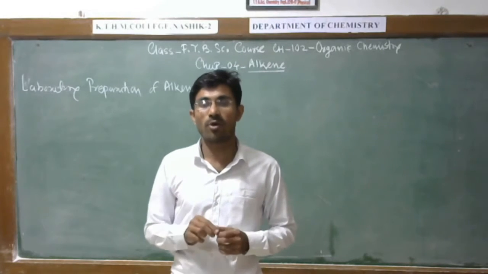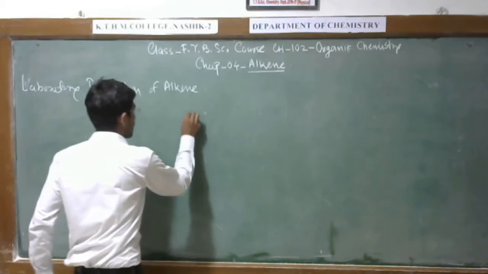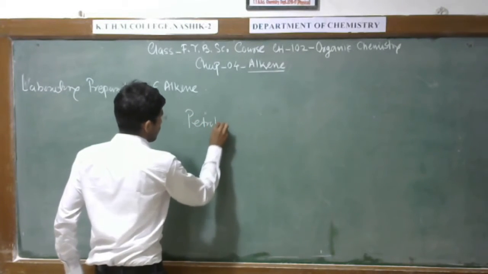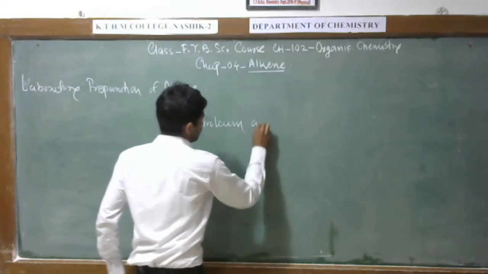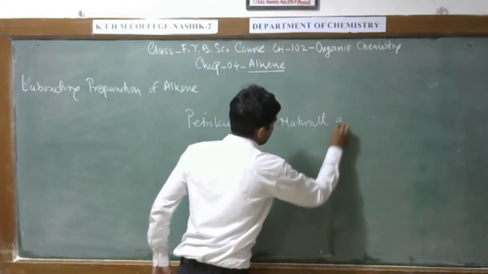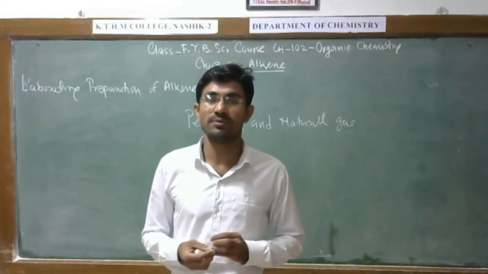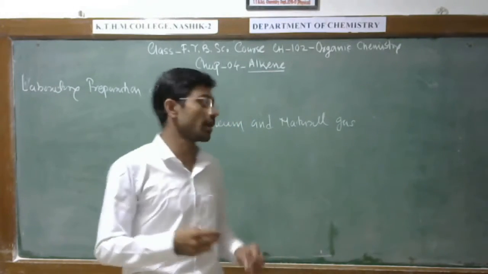So, the major sources of organic chemicals are petroleum and natural gas. Petroleum and natural gas are rich in alkene and aromatic hydrocarbons.